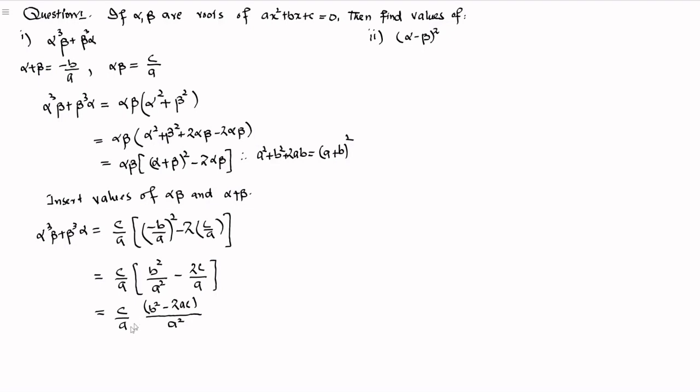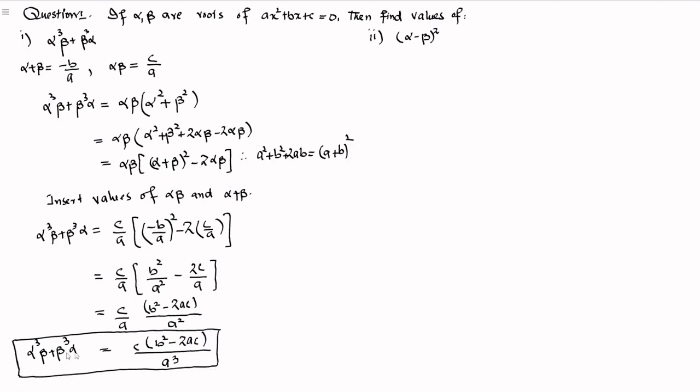Now multiply numerator with numerator. So we have c b square minus 2ac, and a multiplied with a square is a cube. So the value of alpha cube beta plus beta cube alpha is equal to c into b square minus 2ac divided by a cube.